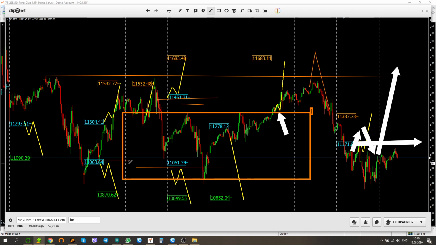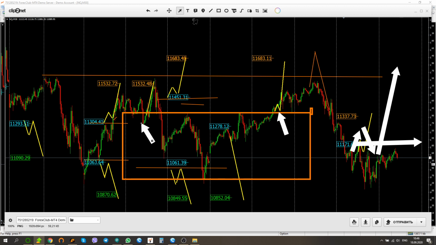For example, in this case, we were buying after the retest of this level, and here was our take profit. And here we could have entered the position on the next day, if you missed this option on this day, we could join this position on the next day and make profit here.